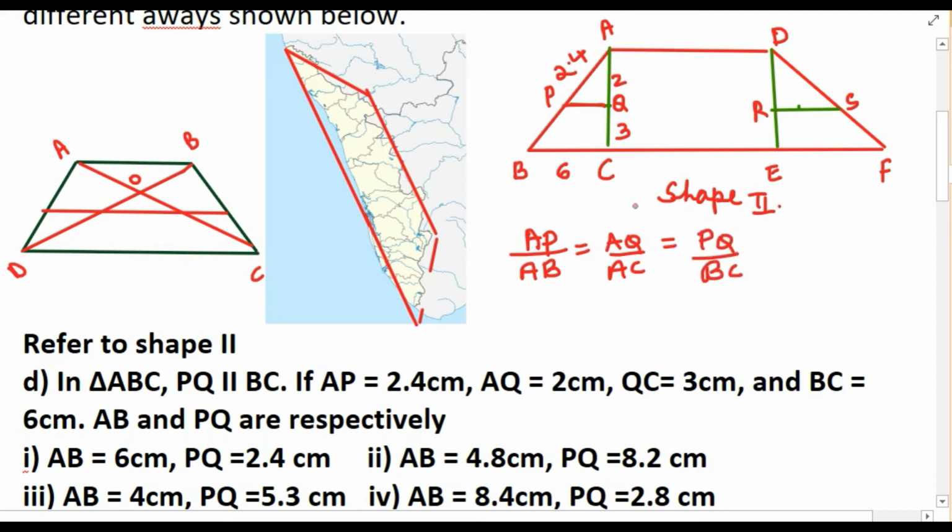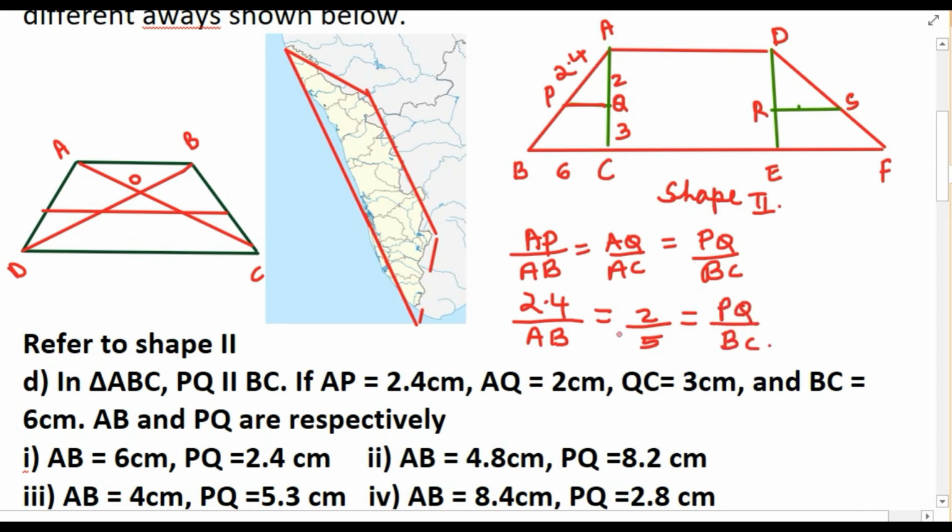So 2.4 divided by AB, I don't know, I have to find out the value. AQ is 2, AC means you need to add AQ plus QC, that is 5, equals PQ, we don't know, and BC is 6. So PQ divided by BC.